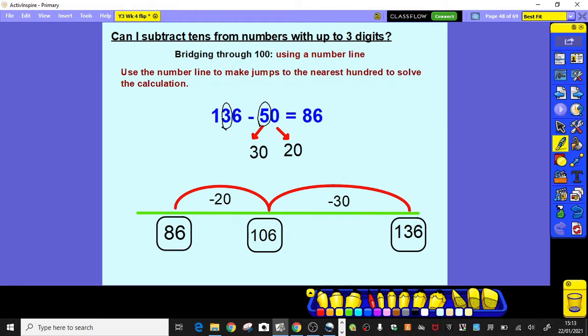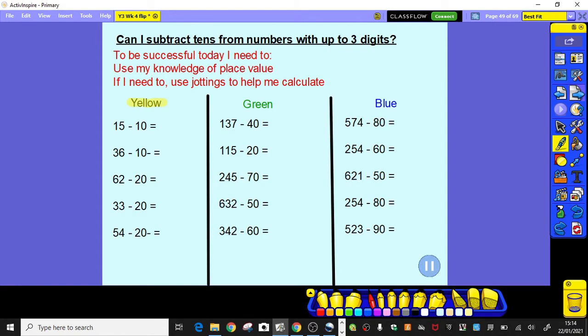If I take away 30, that will get me back to 106, and then I need to take away another 20, and that will take me all the way back to 86. Again, the ones digit has stayed the same in all of the calculation, it's just the tens and the hundreds digit that has changed.